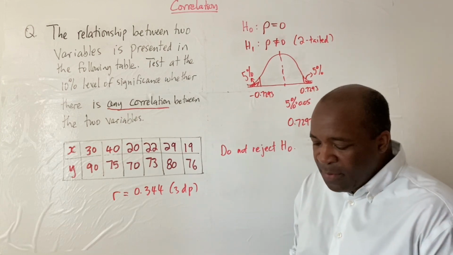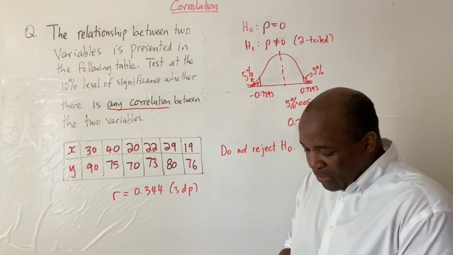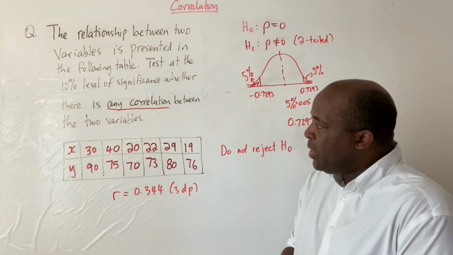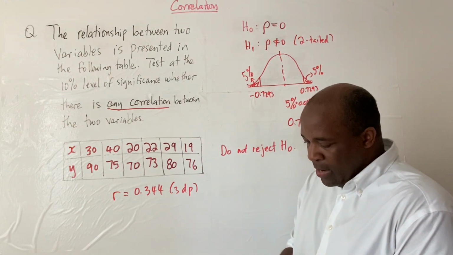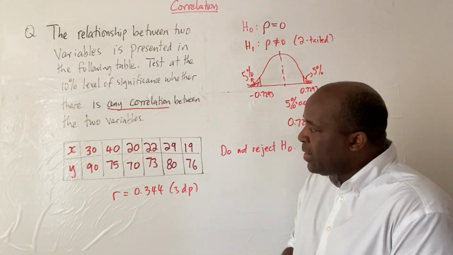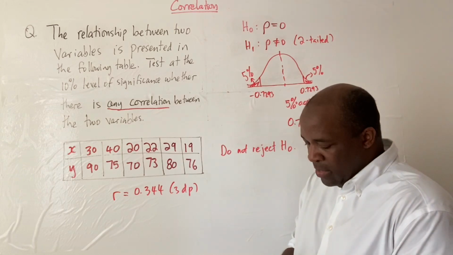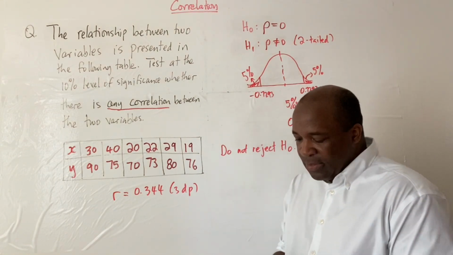Then we enter list 1 as our X: 30, 40, 20, 22, 29, 19. And then list 2 will be our Y: 90, 75, 70, 73, 80, 76.